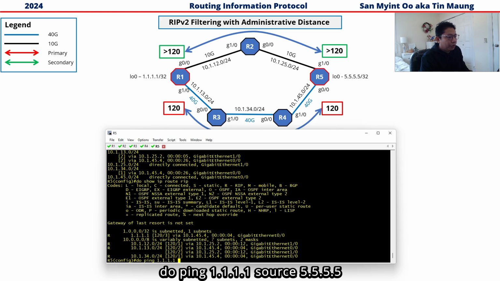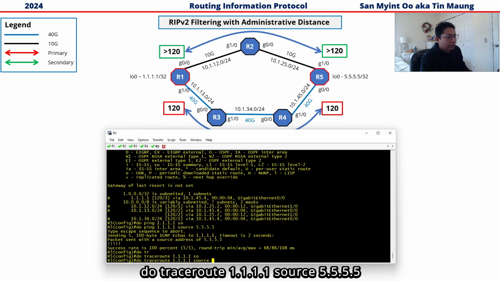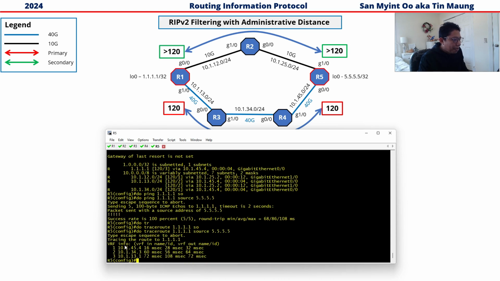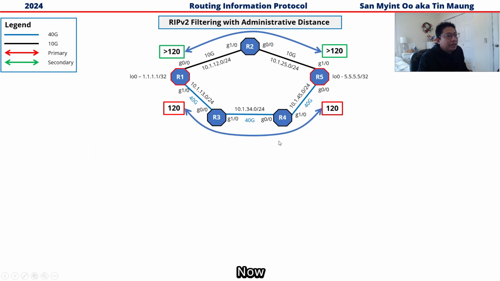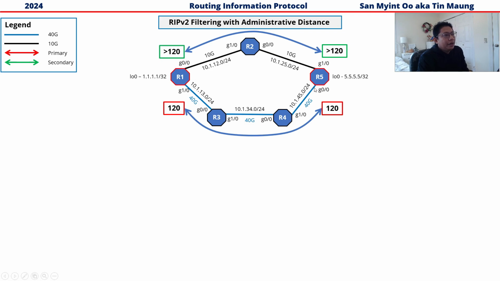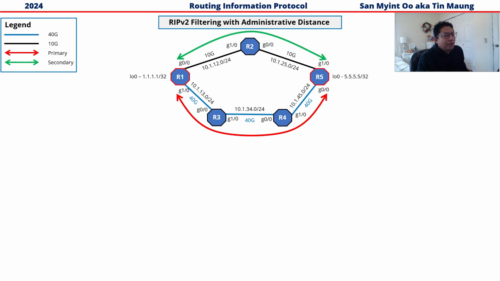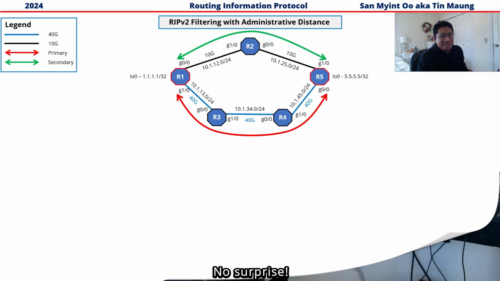Ping 1.1.1.1 source 5.5.5.5. Traceroute 1.1.1.1 source 5.5.5.5. Router 4, router 3, router 1. Now for the incoming and outgoing traffic of router 1 and router 5, the primary link is using the 40G and the secondary link is using the 10G. Alright, no surprise.